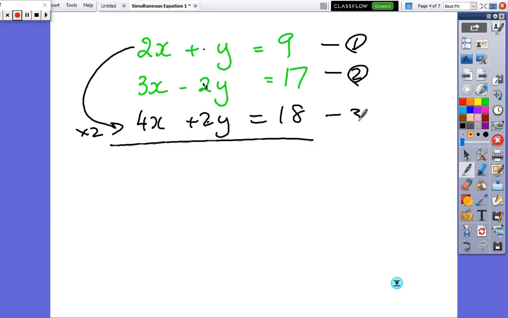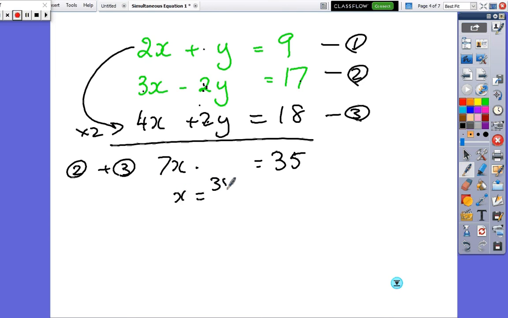I'll call that equation 3, and if I add equation 2 plus equation 3, 3 plus 4 is 7x, minus 2y plus 2y is nothing, 17 plus 18 is 35, so 7x equals 35, so x equals 35 over 7, which equals 5.